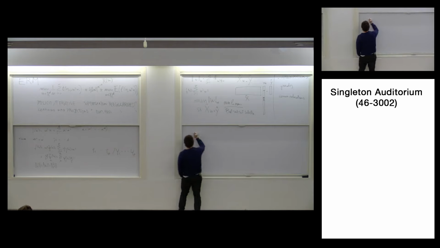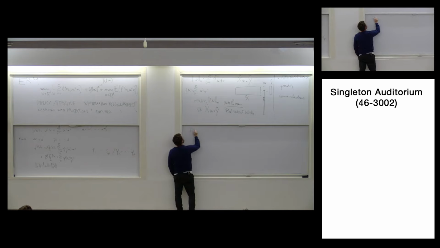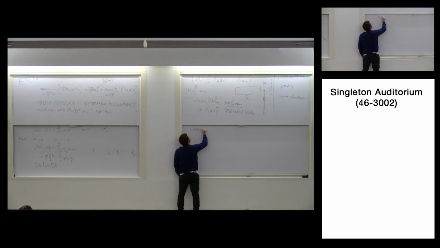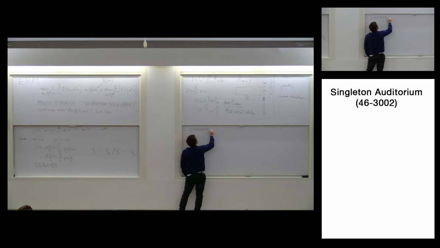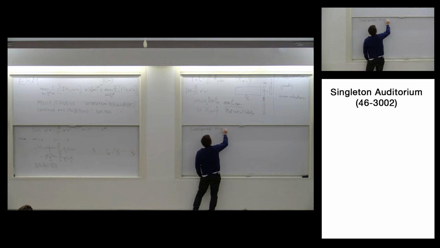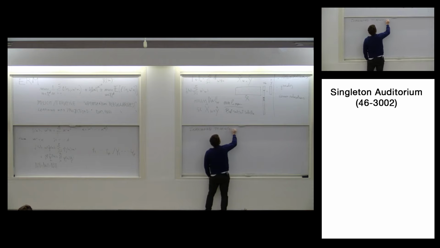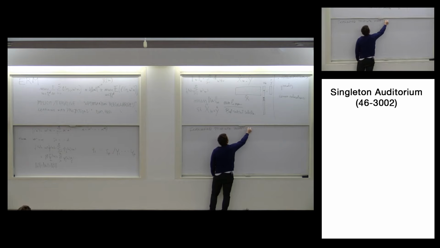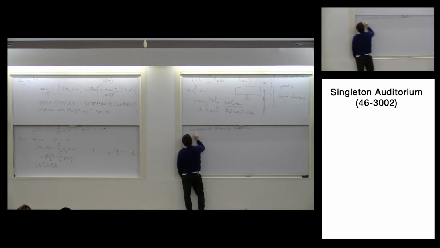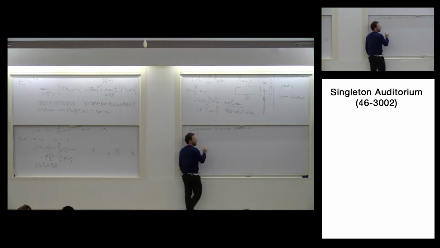This basic idea is called forward stage-wise regression. That's the name we're going to use. That's kind of the statistics name.